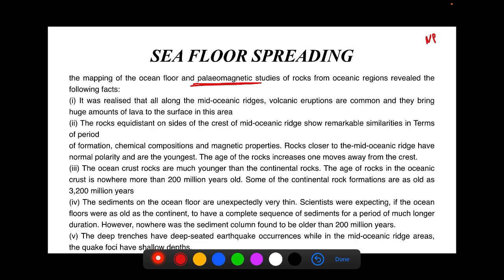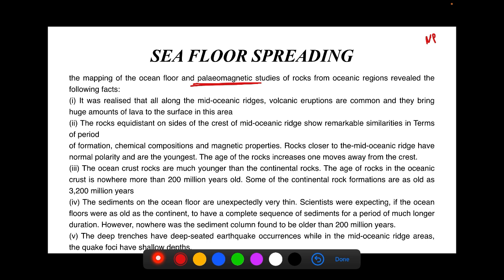There is a reversal of magnetic north and south after a very long period of time, but the rocks show the magnetic north pole and the magnetic south pole. So he has studied the mapping of ocean floor and paleomagnetic study of rocks from the ocean region.